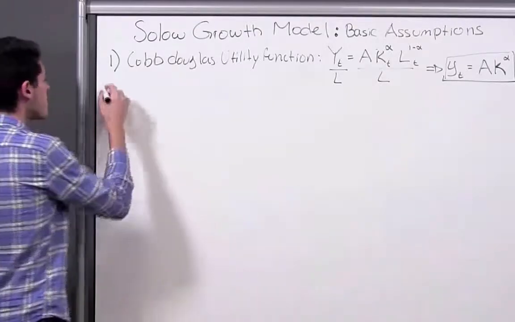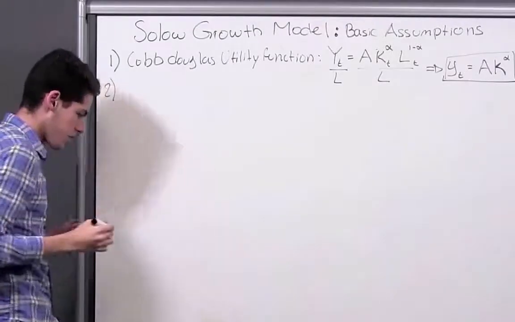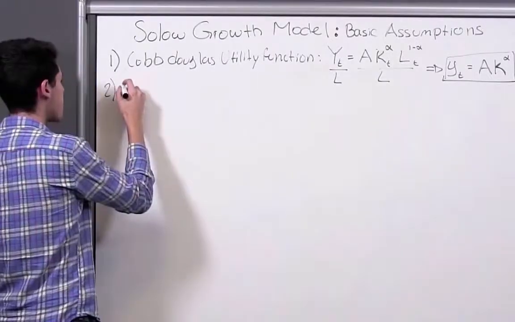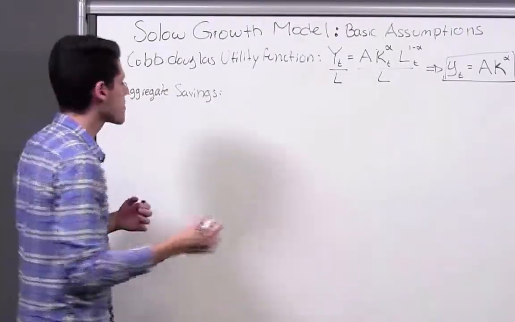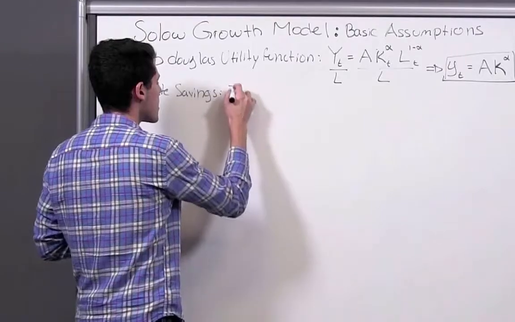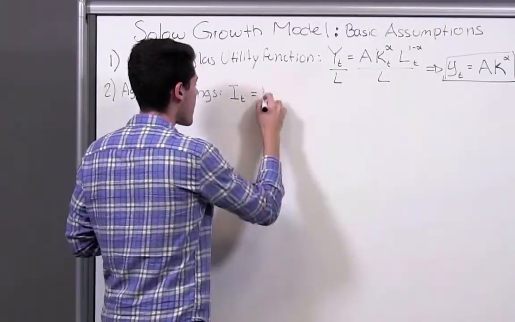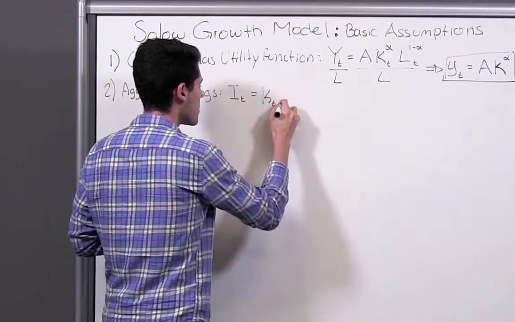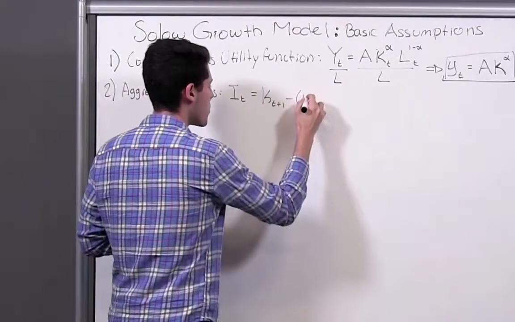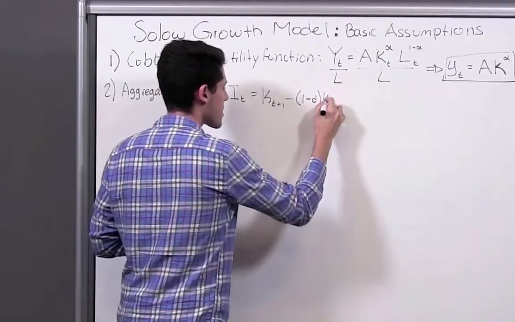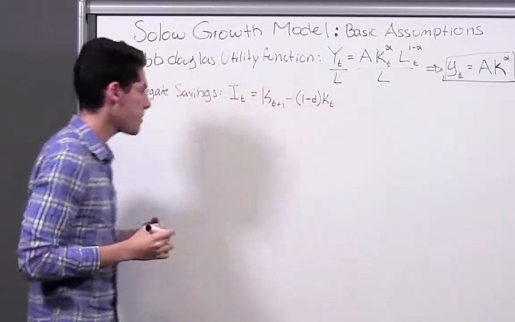Assumption number 2 is that we have essentially an aggregate savings function that looks as follows. Investment in the current time period is equal to capital in the future minus 1 minus the depreciation rate of capital times capital today. Okay?